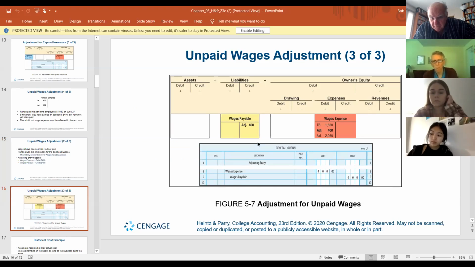So look what we have here. Here is the $1,650, Riley, that you earned during the month, and we paid you. Then you worked the last 4 days of the month, it looks like, and you earned another $400. That is an expense that belongs in this month. It means we owe you this month.